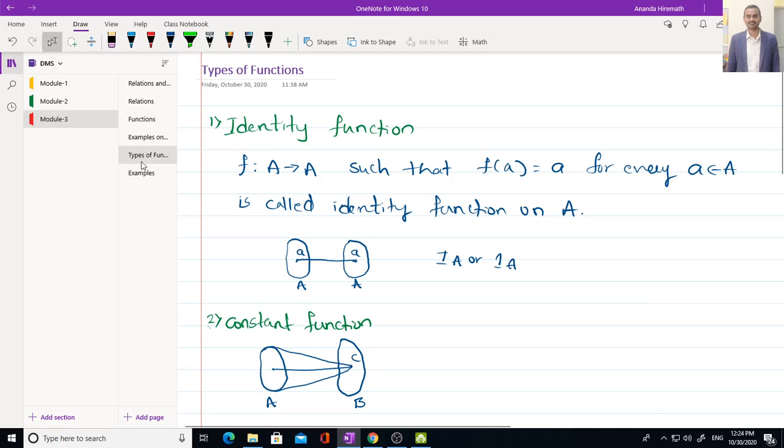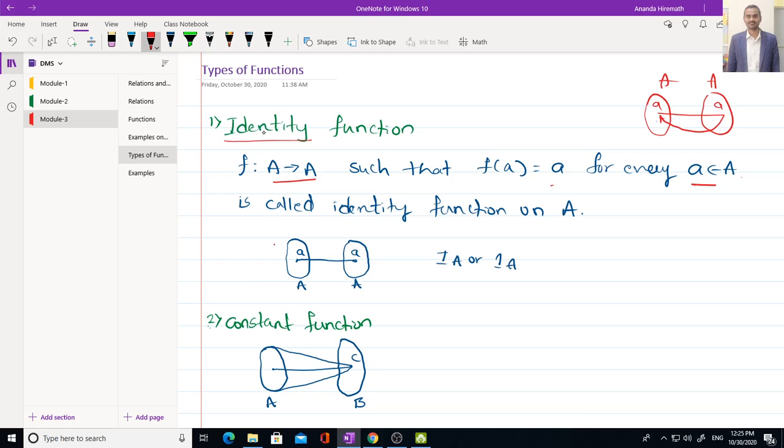In this video, I am going to explain types of functions. The first type of function is the identity function. If a function is defined from A to A such that f(a) = a, you observe that image and pre-image are both the same, and both sets are the same, A and A. That is, an element is the pre-image of itself, here a belongs to A. Such functions are called identity functions.